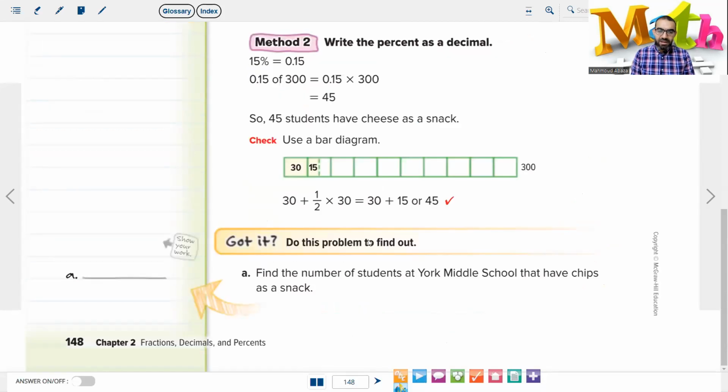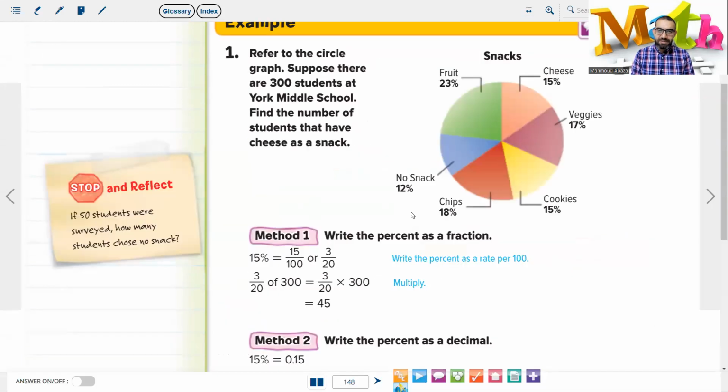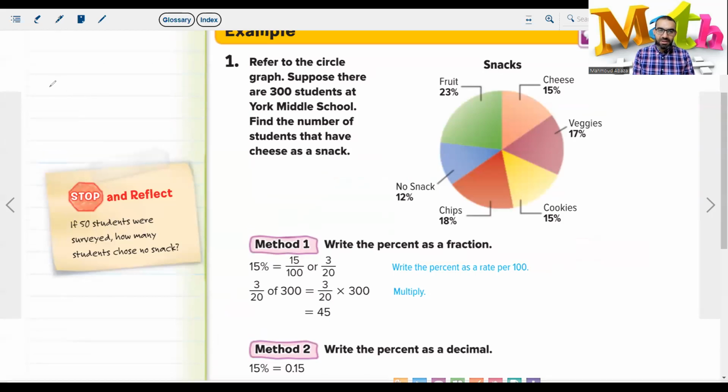Now let's solve problem A. Find the number of students at York Middle School that have chips as a snack. If we go back to the graph, we can find chips is 18%. So our problem now, we need to know what is 18% of the total number of students, 300 students.